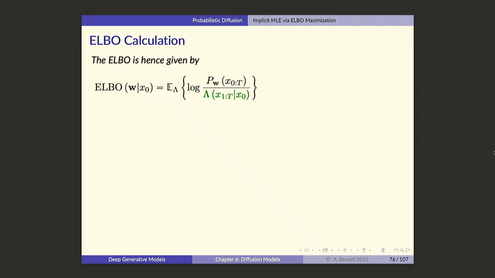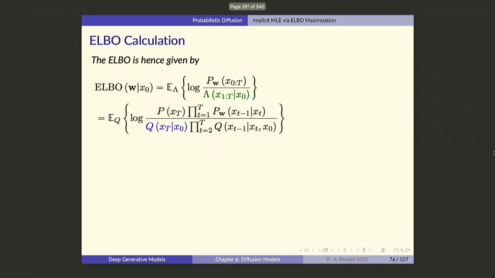And now I'm going to put it inside my ELBO, right? So what I'm going to do is replace this lambda with the posterior distribution. If I put this one in this expression, I think we did it last time, but we can do it once again together just to make sure that you get the idea how we are actually propagating through time.